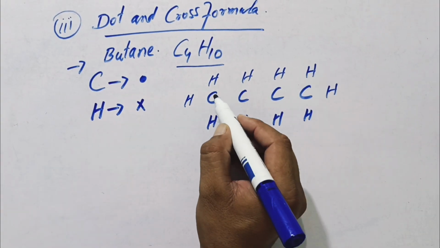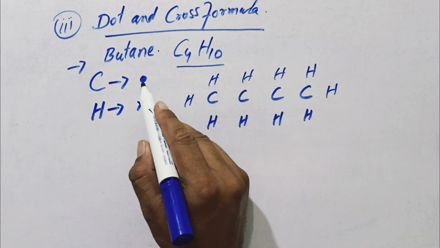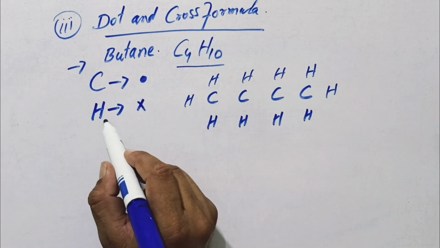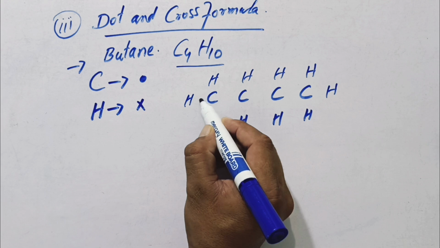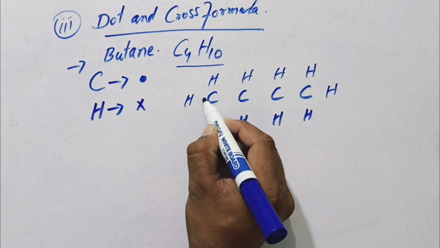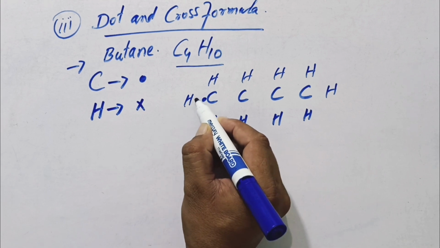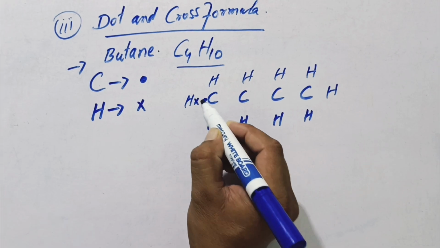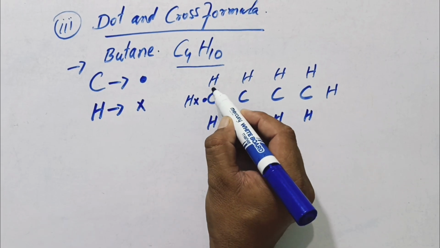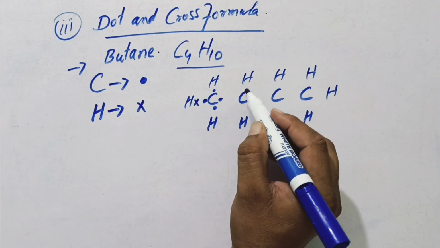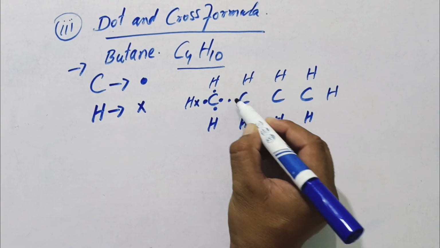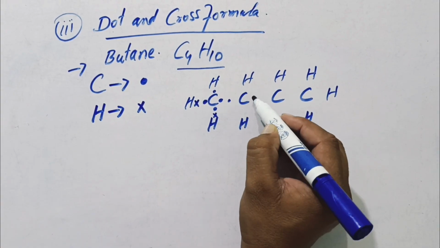The electron of carbon atom is denoted by dot and the electron of hydrogen atom is denoted by cross. So here the bond is present, which is denoted by dot and cross. The carbon by dot and hydrogen by cross.